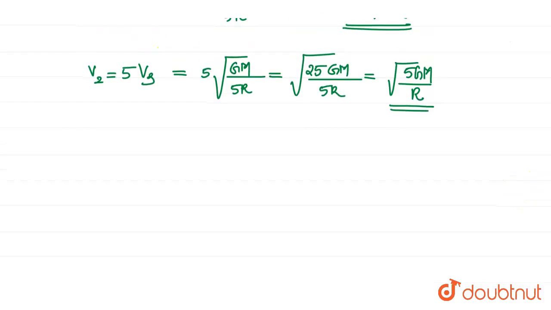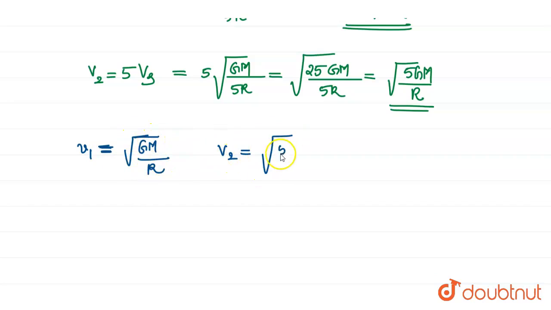I am writing all three values. v1 is root of GM by r, v2 is root of 5GM divided by r, and v3 is root of GM divided by 5r.